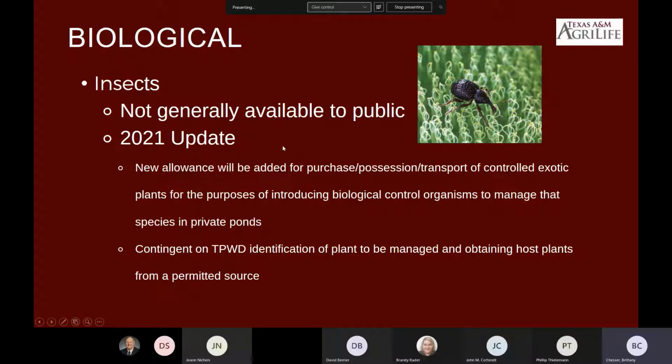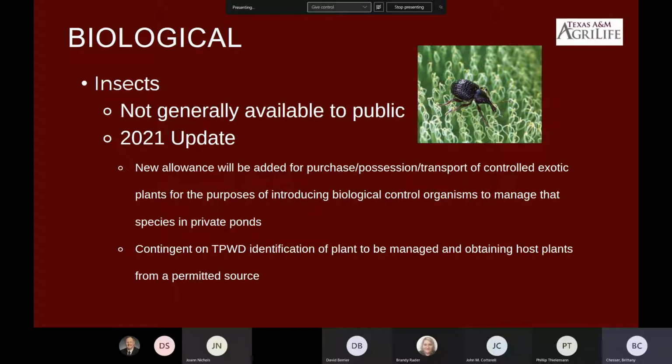But they were typically not generally available to the public, even though they do play an important role in Texas as part of the overall integrated pest management strategy plans. Unfortunately, in the past, facilities were only able to produce them if they were permitted as research facilities, so they had to have some type of research component.